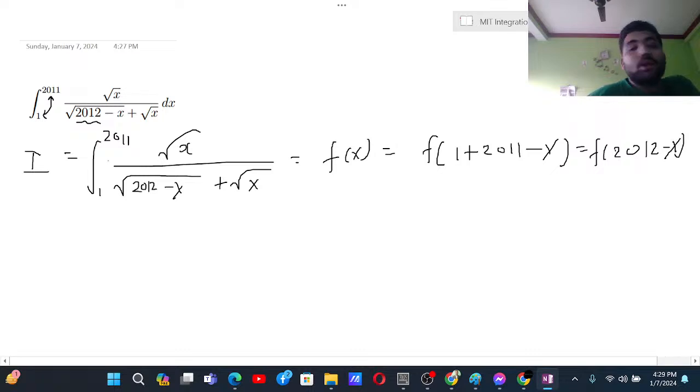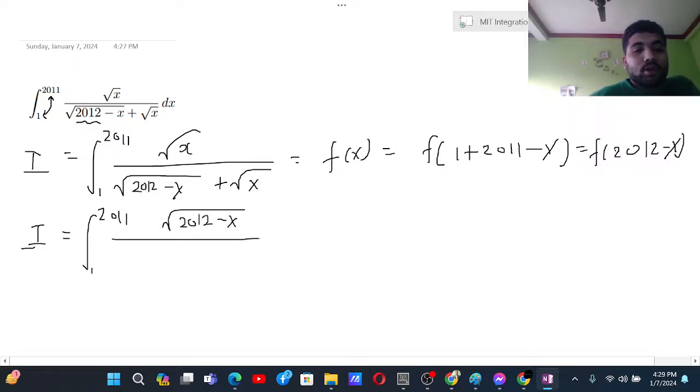So in place of x you place 2012 minus x, both over here and in the other places.